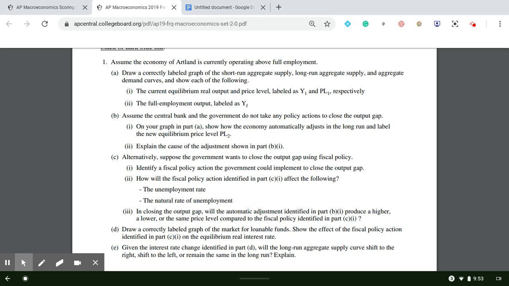Anyway, we have assumed the economy of Artland is currently operating above full employment. We want to draw these AS-AD curves, show the equilibrium output, and show the full employment output. Of course, you guys won't have to draw this on your exam, but it's a very good idea for us to know what's going on with this.